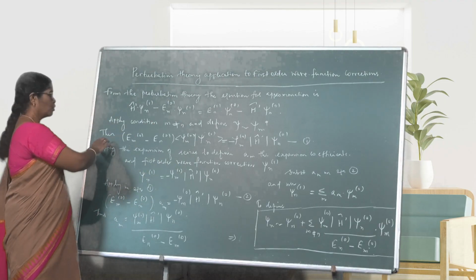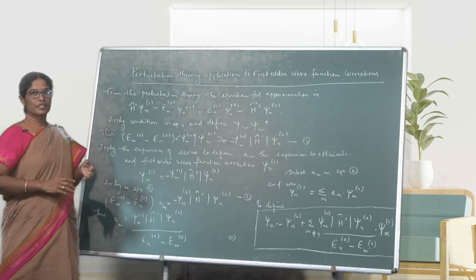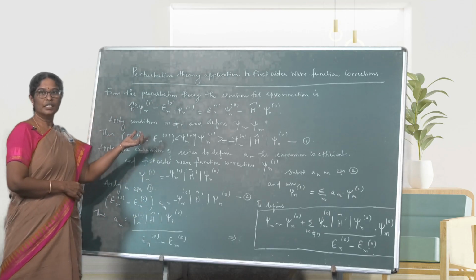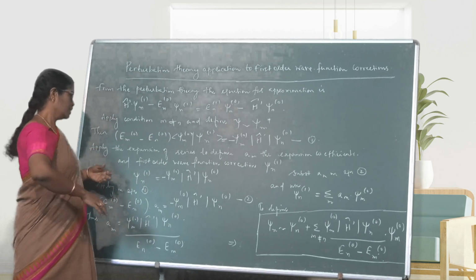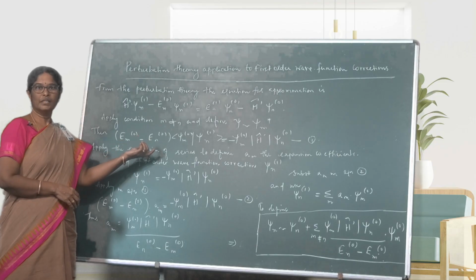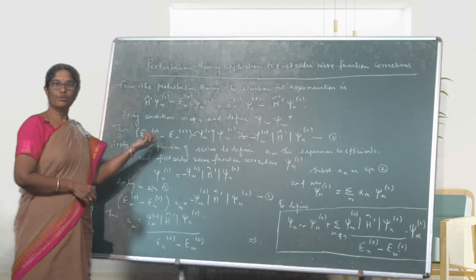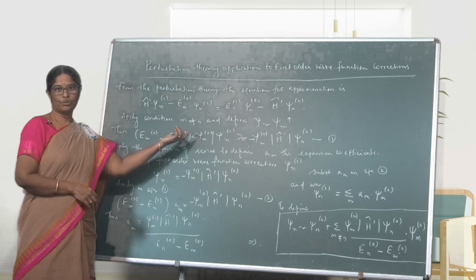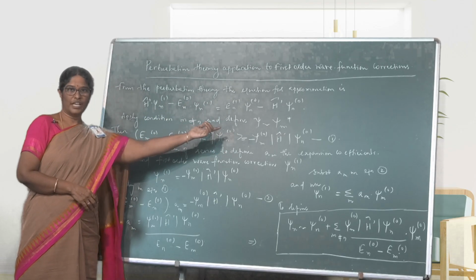In that case, we apply the equation E psi equals H cap psi. Here, instead of E psi, we apply it corresponding to the wave functions of m and n, and hence the eigenvalues become E of m of 0 and E of n of 0 for the corresponding wave functions psi of m and psi of n.